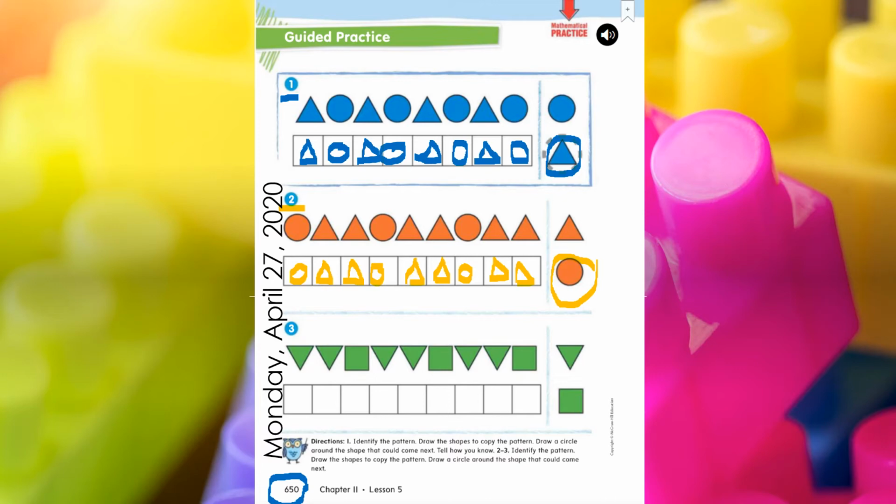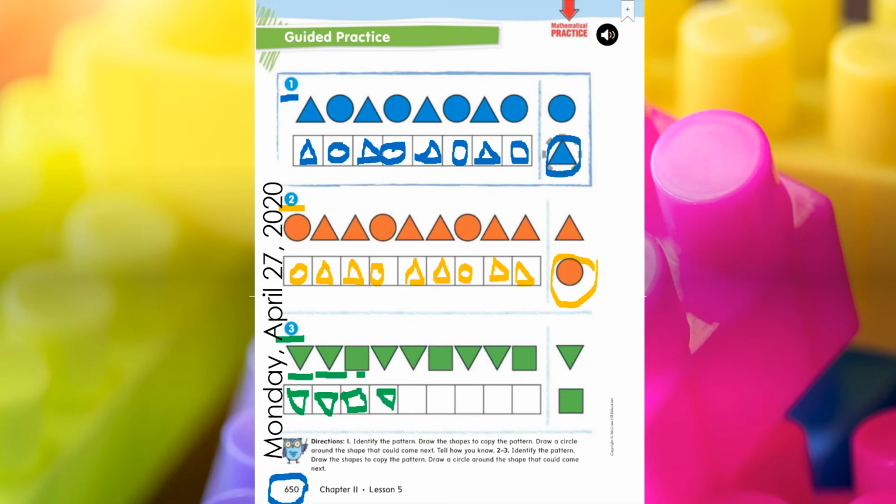All right, number 3. Number 3 is an AAB pattern, okay? This is AAB because these two are the same. So we're going to do triangle, triangle, square. All right, you know, it's kind of hard to draw on the computer, but I'm just going to do the best that I can.